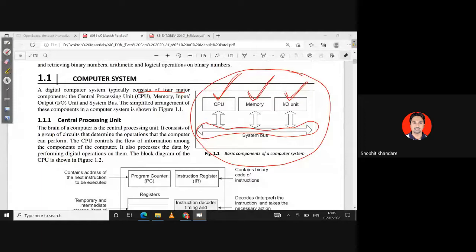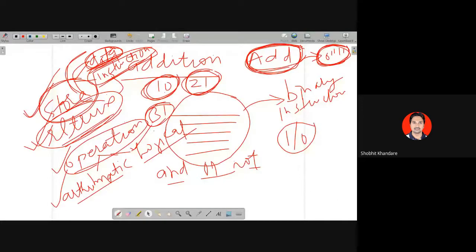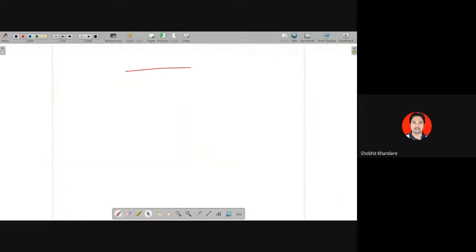Okay, then we will see the individual meaning of CPU, the individual meaning of memory. Already we have studied, but we will see this also IO unit. Okay, now here let me show you. You have a desktop. Suppose you have a desktop computer at your home.